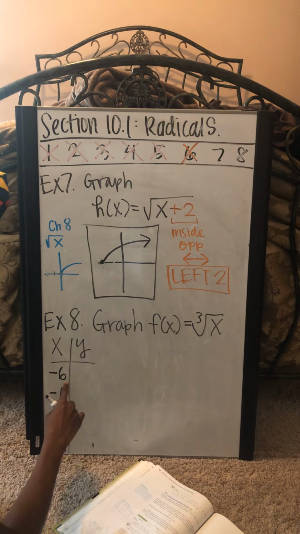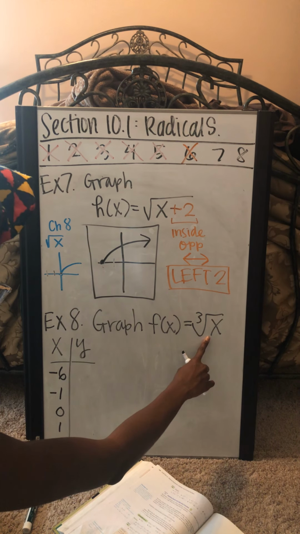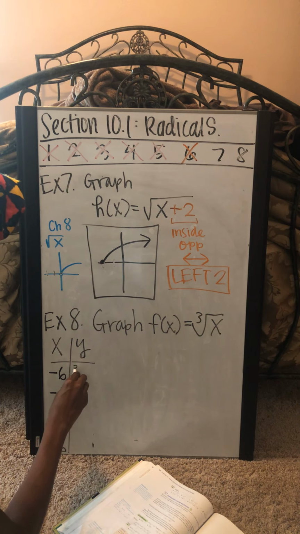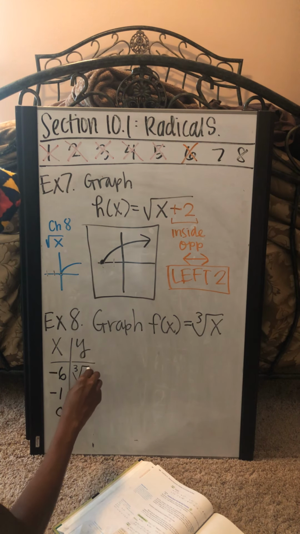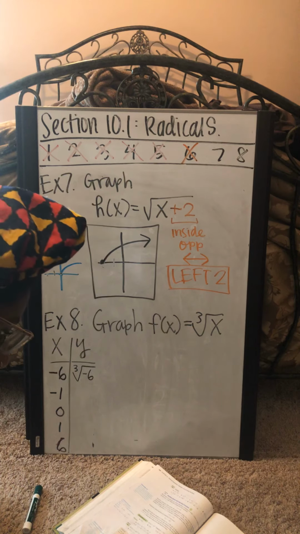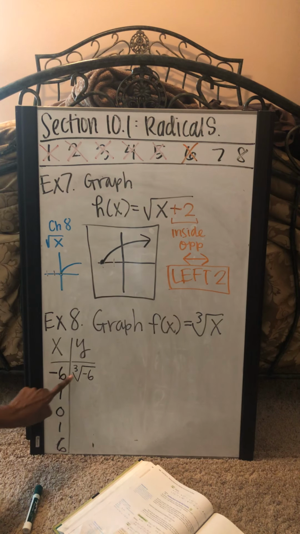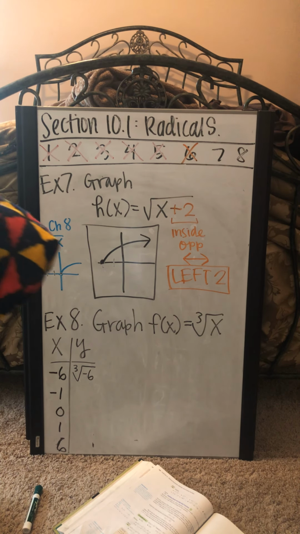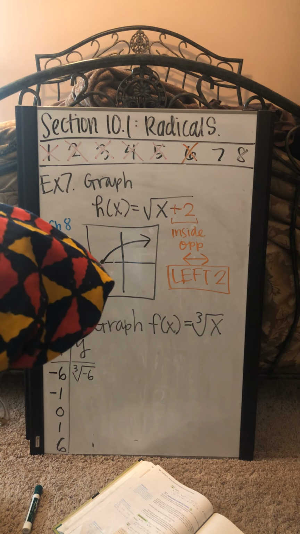But at any rate, so yeah, we're going to plug those values in. So we have the cubed root of -6, okay? Because this is cubed, it's odd, this negative is fine, right? So what we can do is plug it into our calculator.